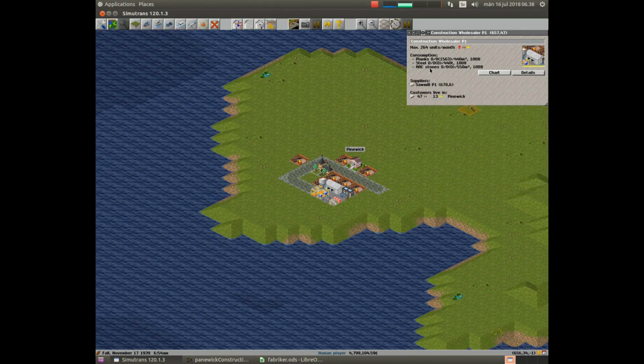Up here we also see what they want. They're consuming planks, steel and AAC stone, that means concrete. But there is only a sawmill, so there is no steel mill for the moment. So we cannot sell steel transport to them just now, but in the future.